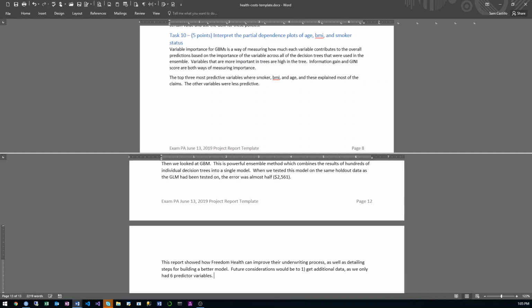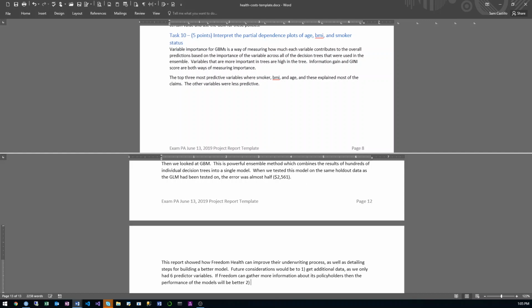If Freedom can gather more information about its policy holders, then the performance of the models will be better.